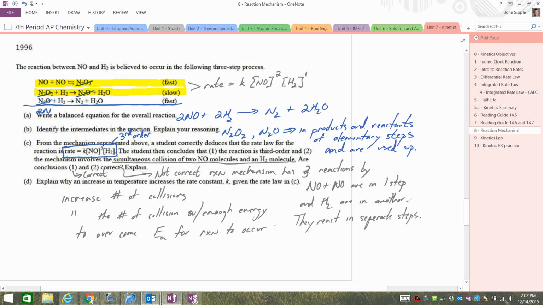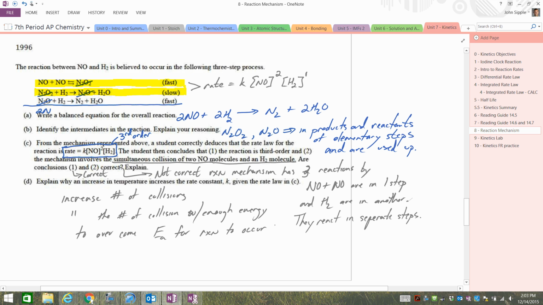If you increase the temperature, you increase particle speed and movement, which means you're increasing flat out the number of collisions and the amount of energy that they're colliding with.